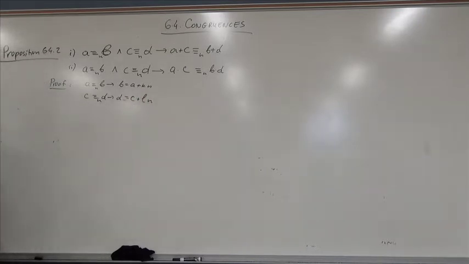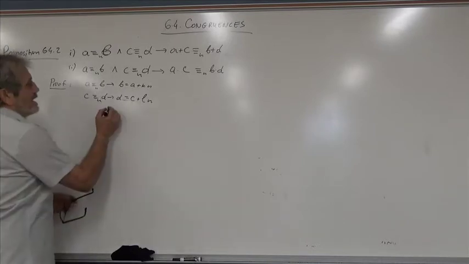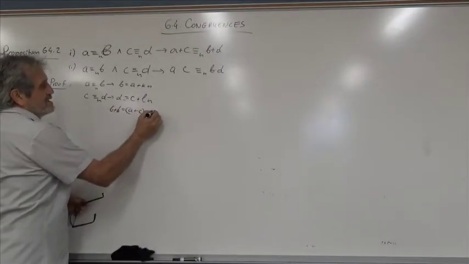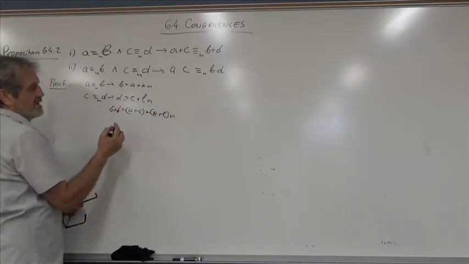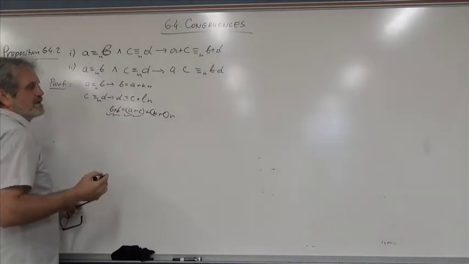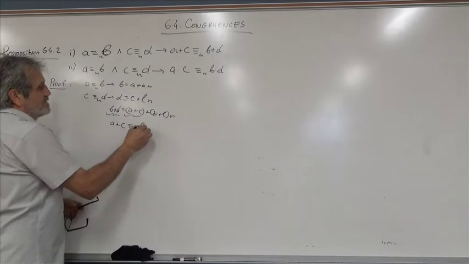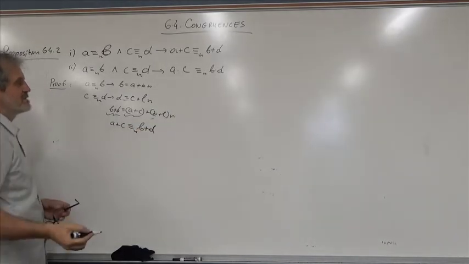So I cannot assume that they're the same integer, according to the previous theorem. Then if I add them up, I'll get B plus D equals A plus C plus Kn plus Ln. So A plus C is congruent with B plus D modulo n, because this is the multiple.